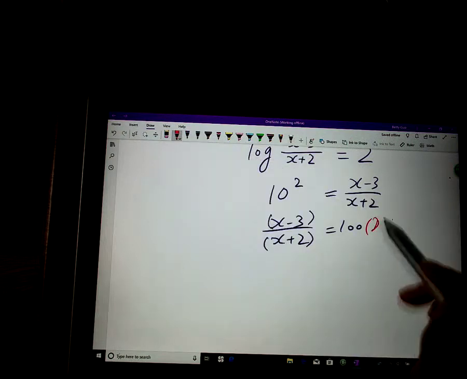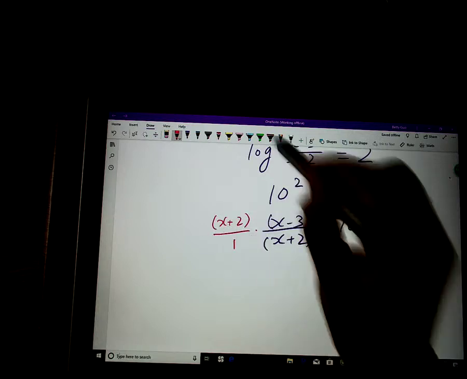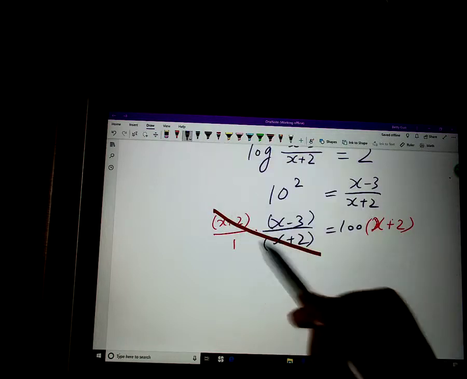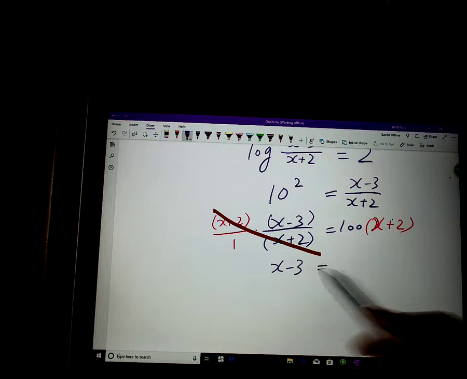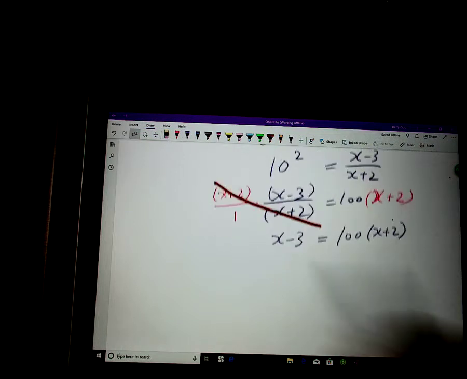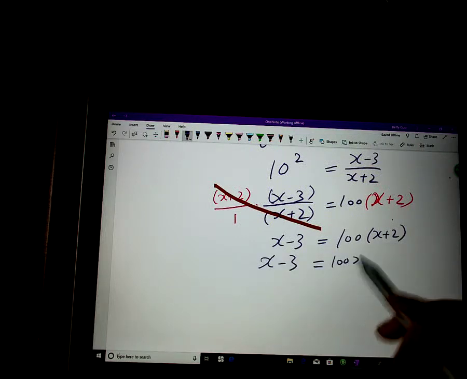These two terms cancel each other. We would have x minus 3 on the left and 100 times x plus 2 on the right. It's a linear equation. Distribute: 100 times x, 100x, 100 times 2, 200.